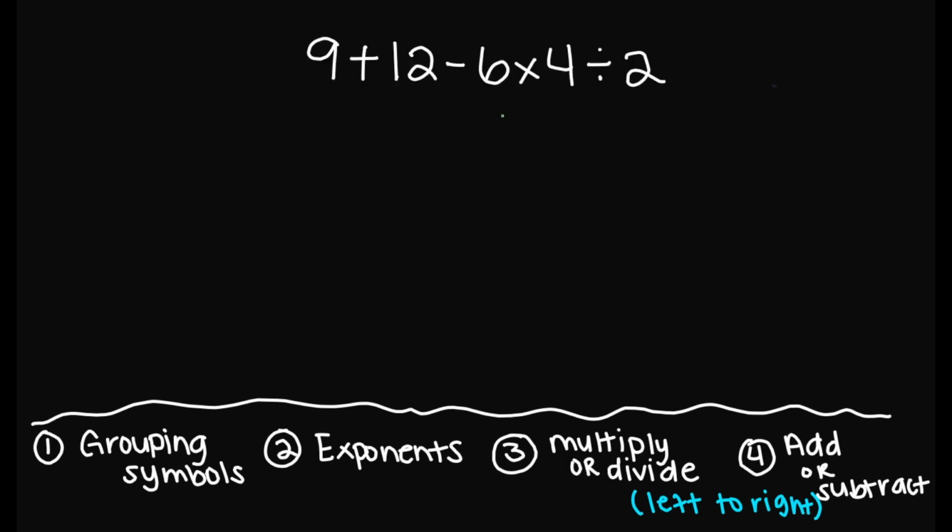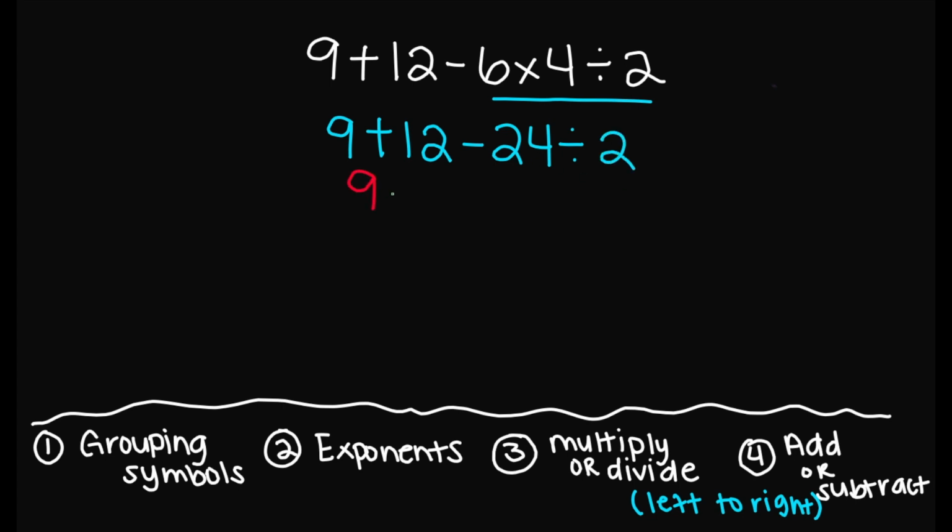Let's look at this example here. So notice here, I'm going to do my multiplication and division first. However, I'm going to go left to right. So we have 9 plus 12 minus 6 times 4. This is going to equal 24, and then divided by 2. Next, we're going to now divide.